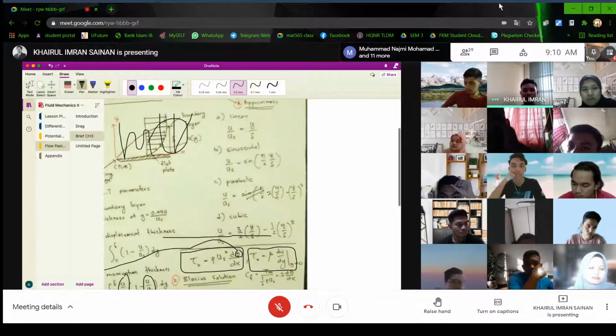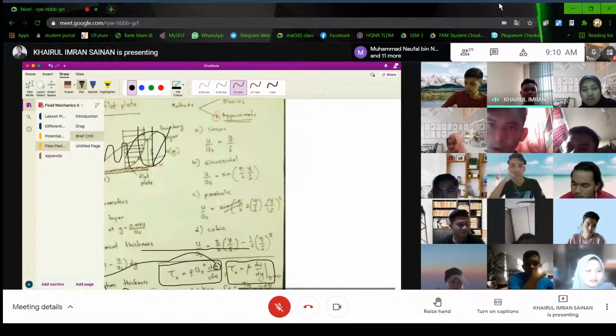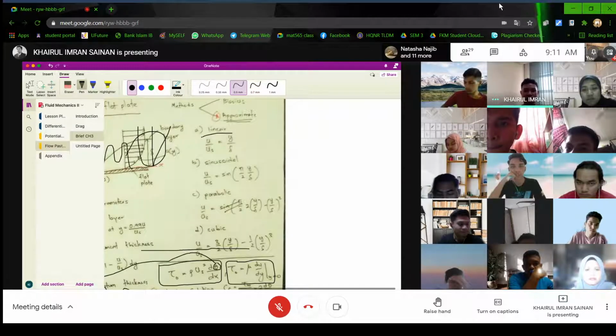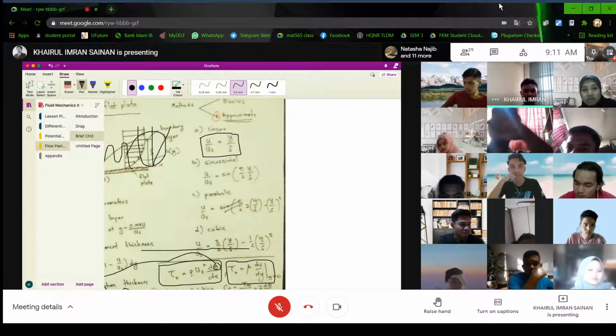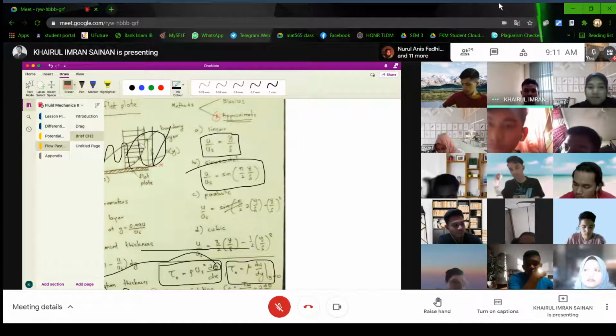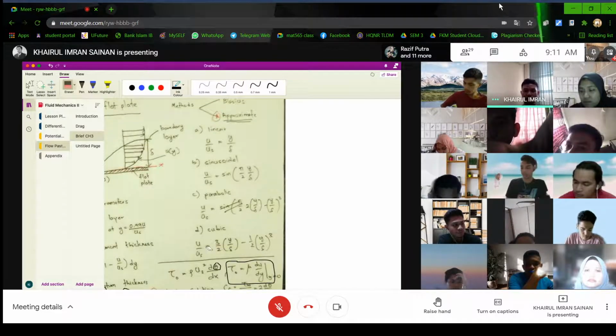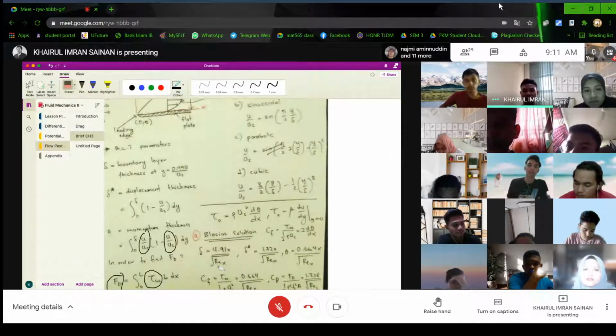So in order for us to determine u divided by u stream for linear, we're going to use this equation. Similarly for sinusoidal, this equation, and so on, parabolic and cubic.